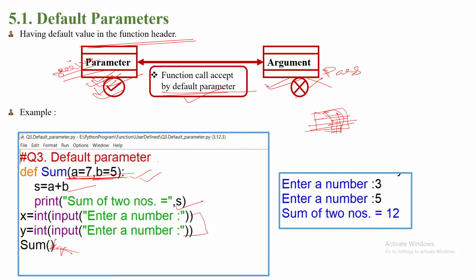Argument not passing, but parameter is there, default parameter. So here we put the input as integer number 3, integer number 5, but then also the answer is coming 12. Why? Because we did not pass any argument. So default value is 7 plus 5, so that's why the answer comes 12.